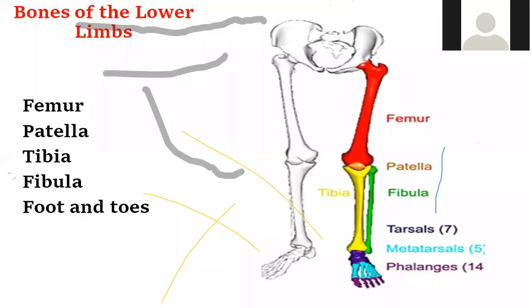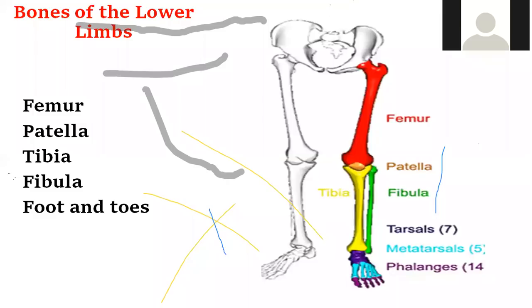And in totality, we have been able to mention the bones that form the upper limbs, and now we go to the bones that form the lower limbs.